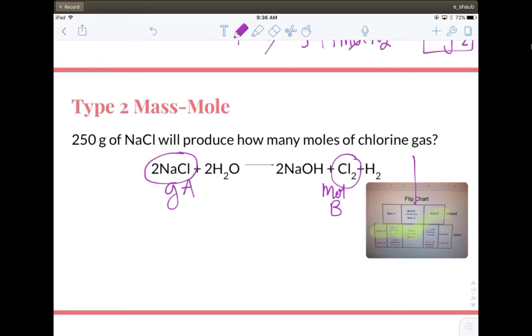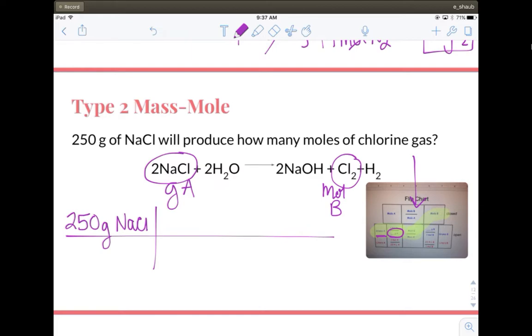If I look down here at what I have highlighted, we're going to start with the grams of A. So my 250, you always start with the number given. And we convert that out of grams to moles. Since grams are on the top, now I need to divide by my molar mass to get moles, which is what we did back in unit 8 with the mole.